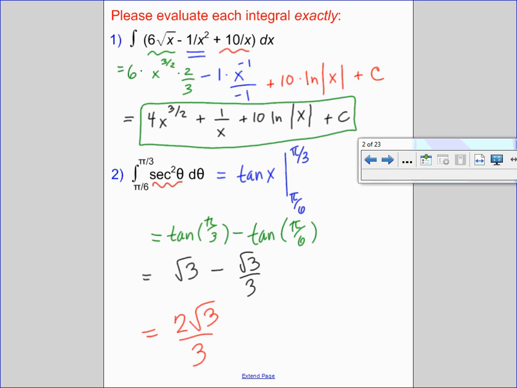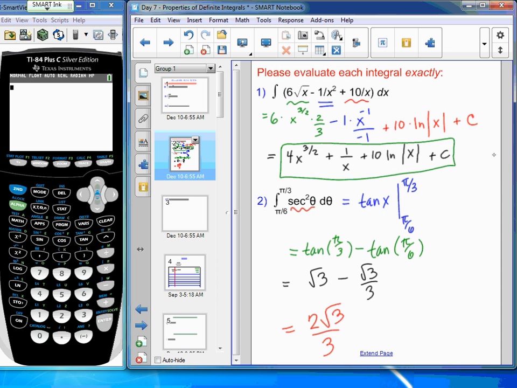Wow, well, that's suspect. So I want to go ahead and check that using my check tip. And so once again, without doing a graph and messing with my window, I can do math 9. I can do that second method, math 9, in order to get a numerical approximation for the value of a definite integral. My lower limit here was pi over 6, so we'll do pi over 6. My upper limit was pi over 3.